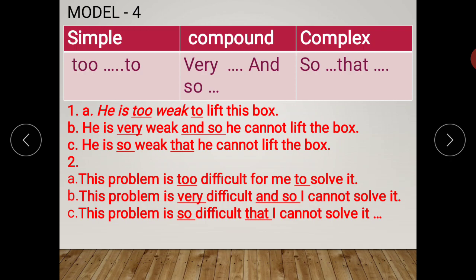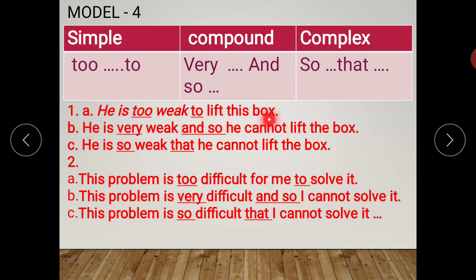So how to identify a simple sentence in this form? Too is the clue word for a simple sentence, very and so is the clue word for a compound sentence, and so that is the clue word for a complex sentence. Okay, he is too weak, that is the main clause.